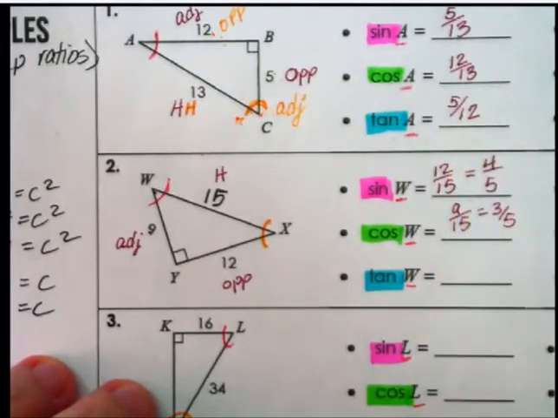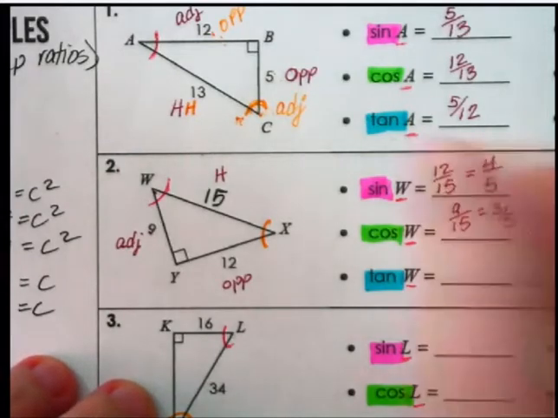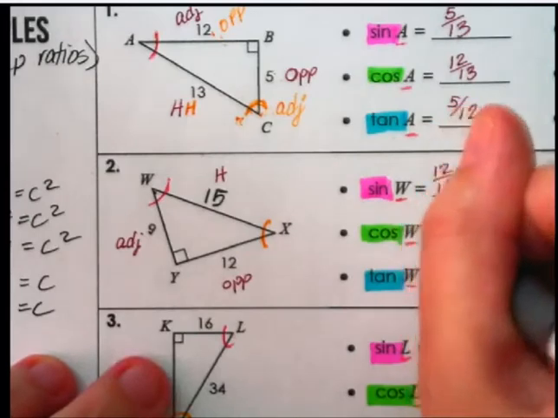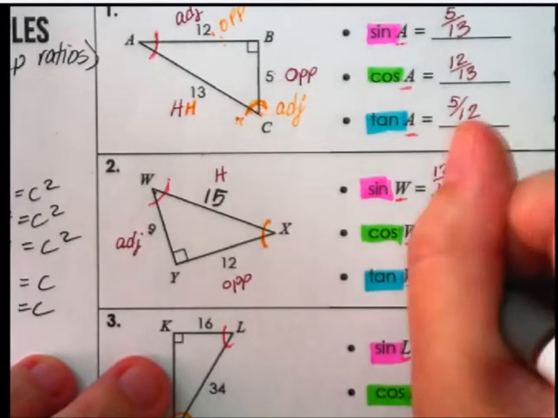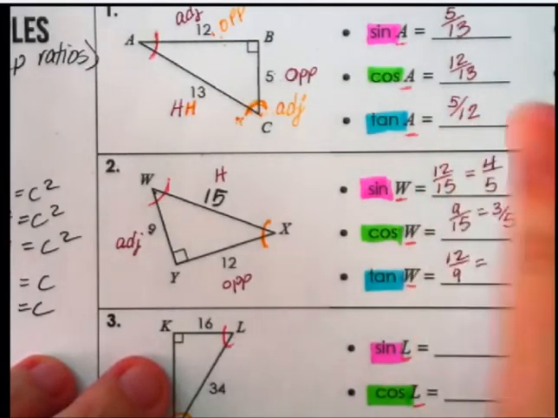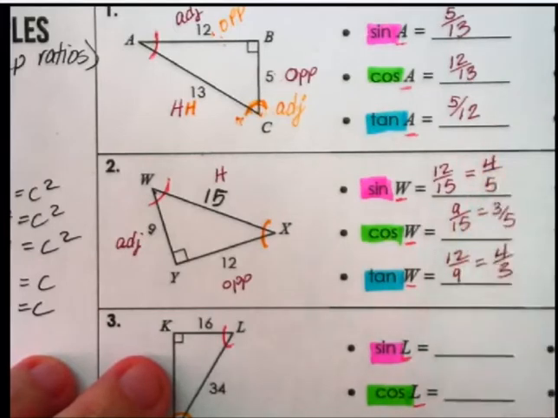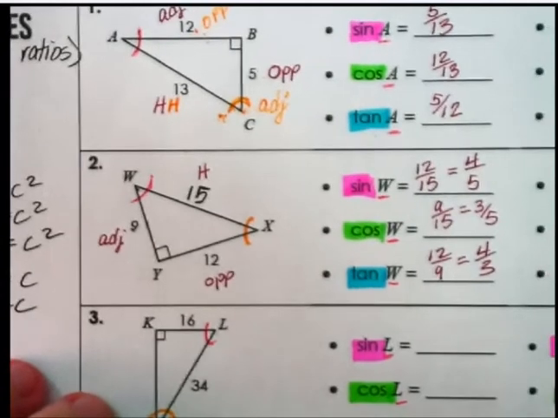Get 3/5. And again with our tangent, opposite over adjacent, okay? Which is going to be 12 over 9, which does reduce to 4/3. Okay, so we have done W, the red angle.